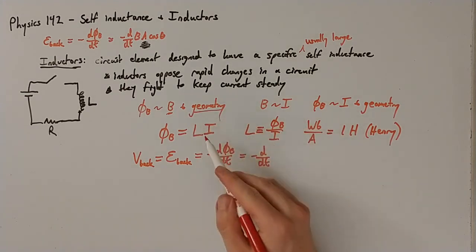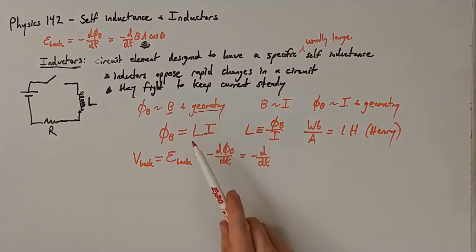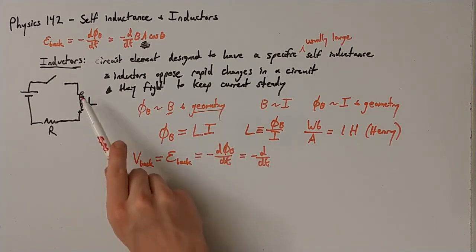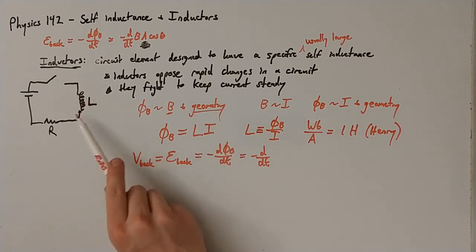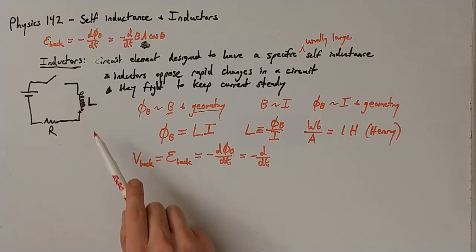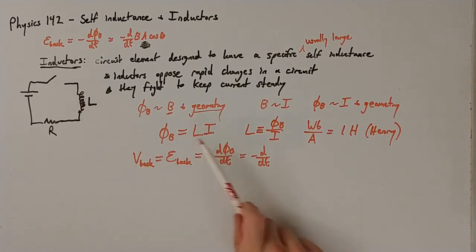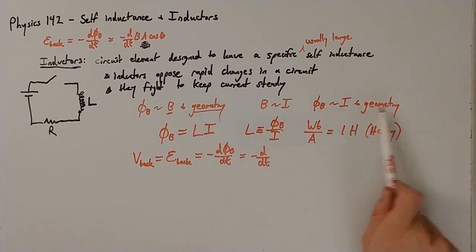which is minus d/dt of, we've just defined this L, this inductance, which basically takes all the geometry here. It just depends on the geometry of these circuit coils, the geometry of your inductor. It just says that flux depends on geometry and current. So L is just telling you about your geometry.